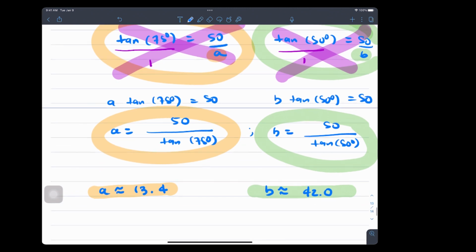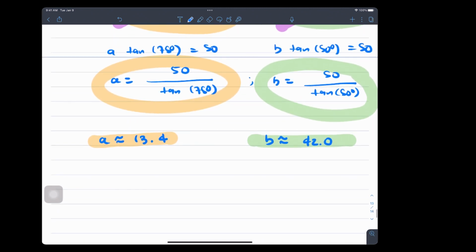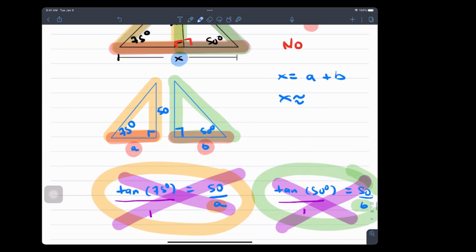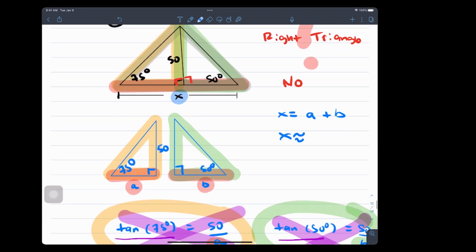I think that's 55.4. Is that true? Okay, so X is going to be 13.4 plus 42, and you guys say that X is now going to be 55.4. There you go. And that's your distance, 55.4 down here.